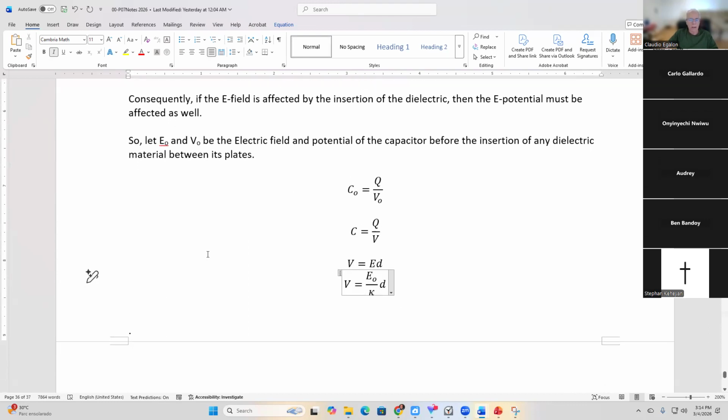Furthermore, let's not forget that the electric potential without the dielectric, V naught, is also equal to E naught times D, right?